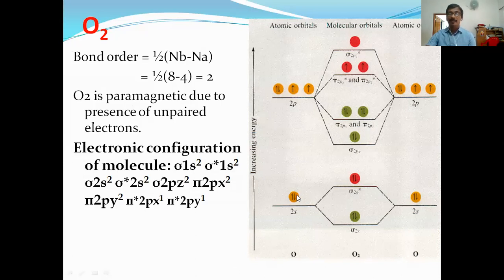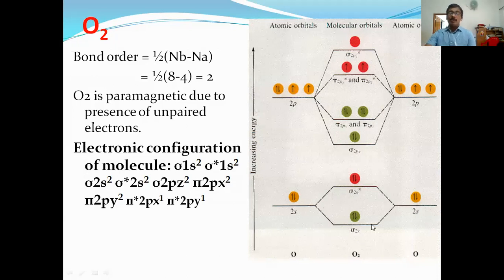And here you can see 2s2, 2p4. Only the valence shell is considered. And the molecular orbitals, as in all other cases, sigma 1s and sigma star 1s are present, but that is not in the valence shell, so we are not considering it to represent the molecular orbital diagram here.